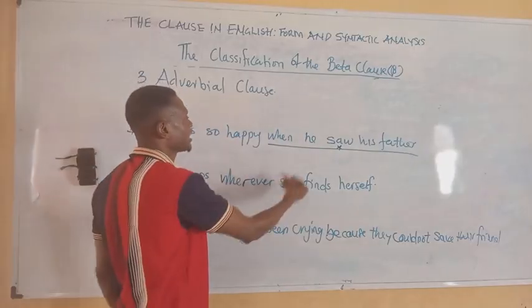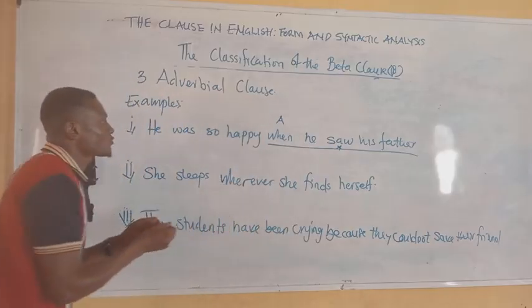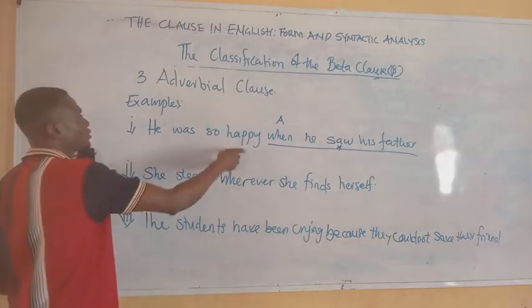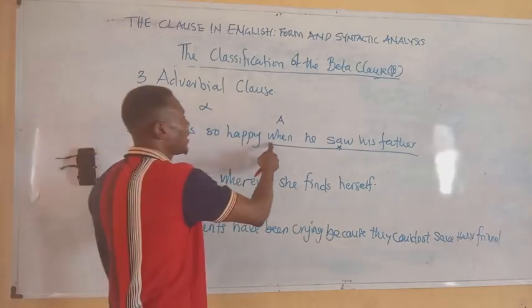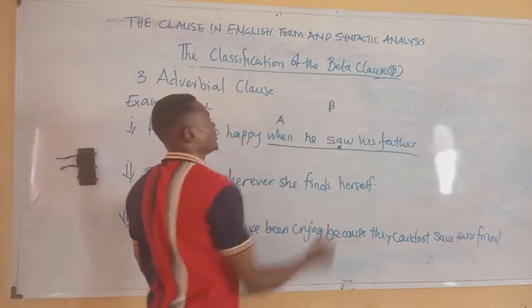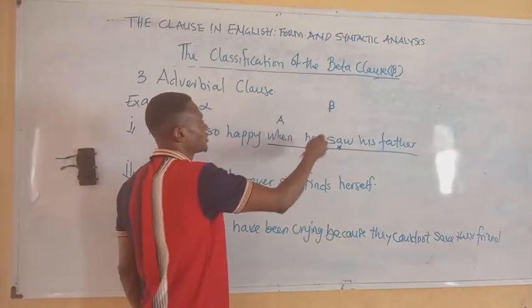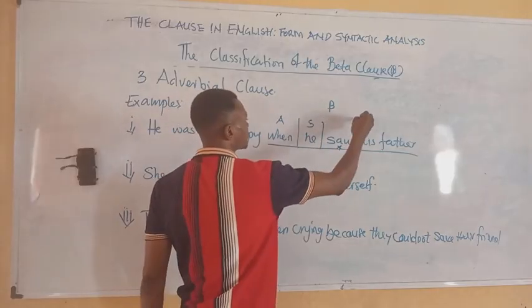So if you do the analysis here, we have two clauses. From this place to this place is an alpha clause. Why? When he saw is the beta clause. So the analysis here is adjunct. Here will be subject.